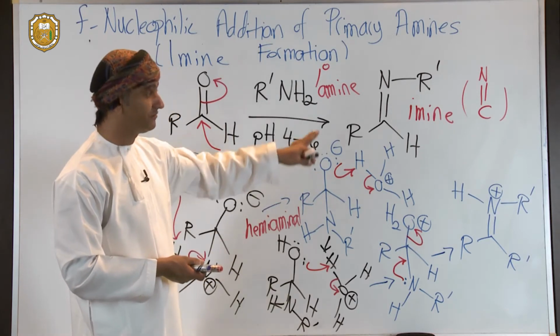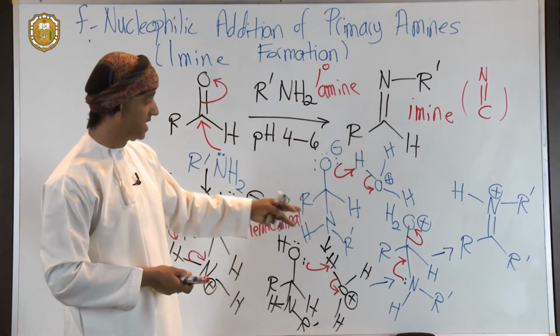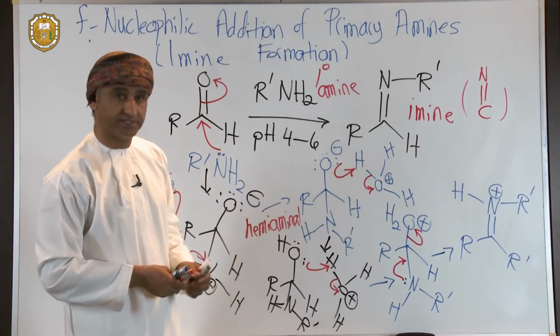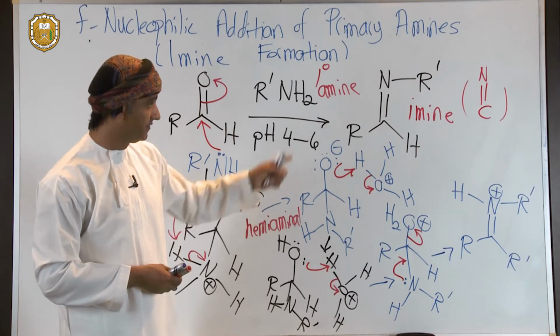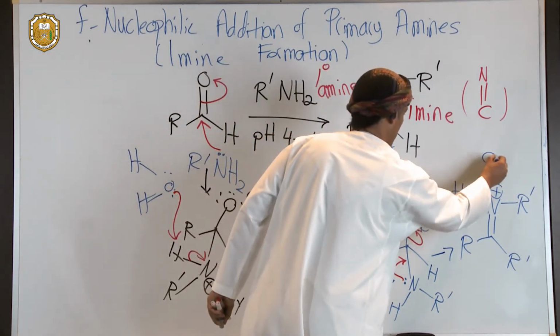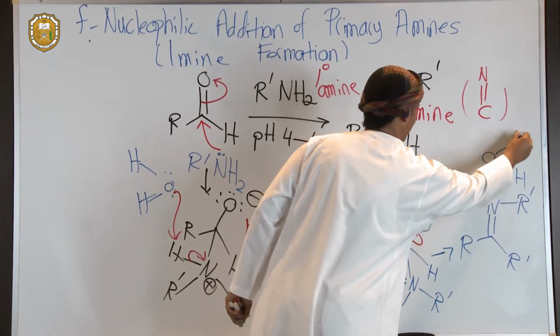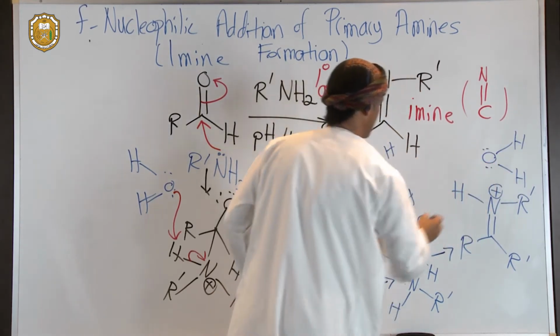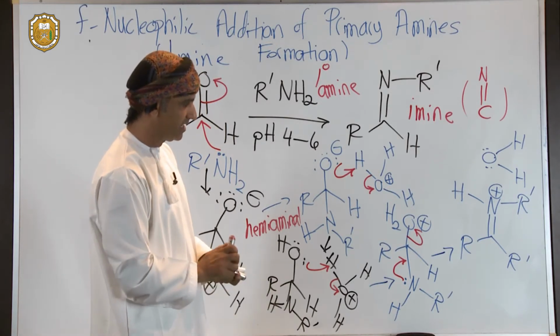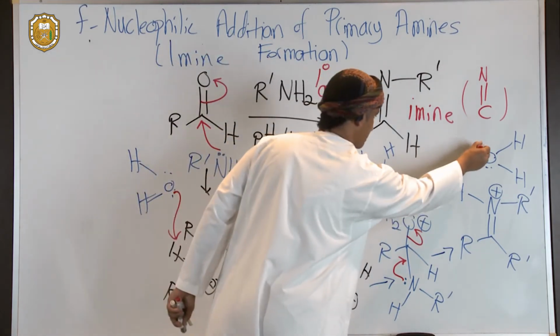This is not quite the final imine product. So what's going to happen is that the water that's produced will now come and take off that hydrogen to give the final imine product. So we can draw water here. Water will now come and take off this hydrogen.